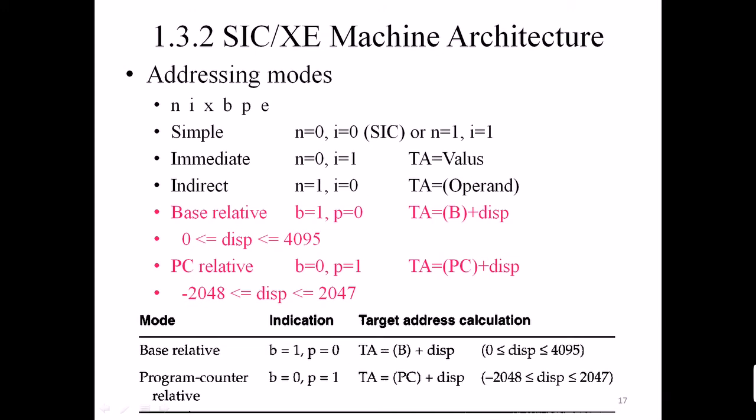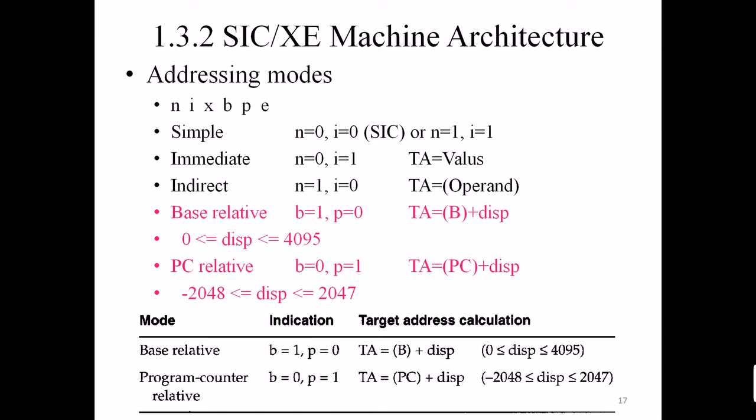So next we'll see PC relative addressing mode. When b equals 0 and p equals 1, it is called PC relative addressing mode. The target address is calculated as the program counter value plus the displacement value stored in the displacement field.